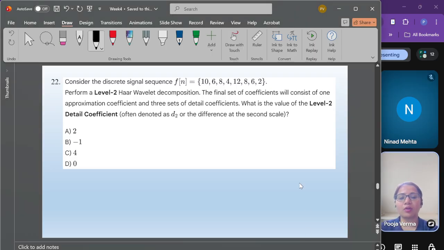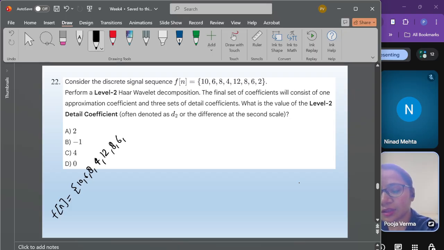Here f of n is 10, 6, 8, 4, 12, 8, 6, 2.